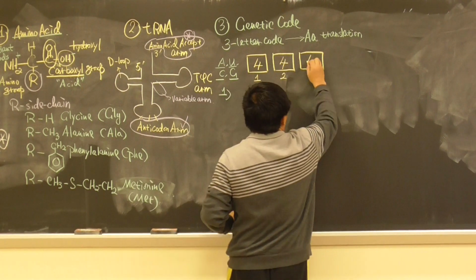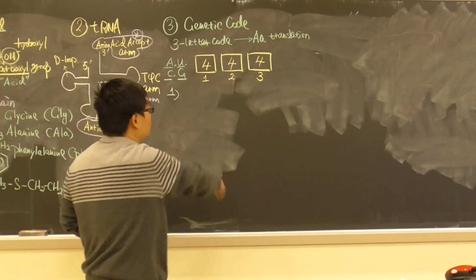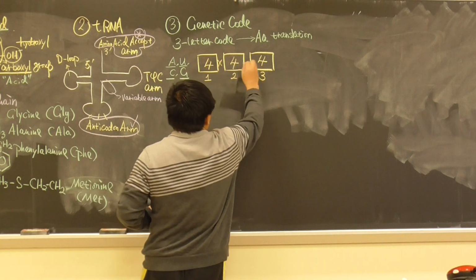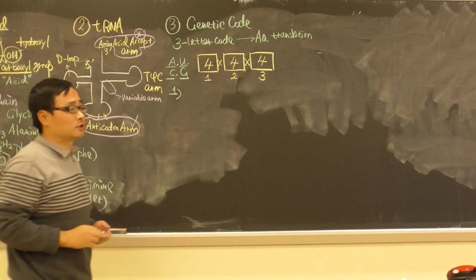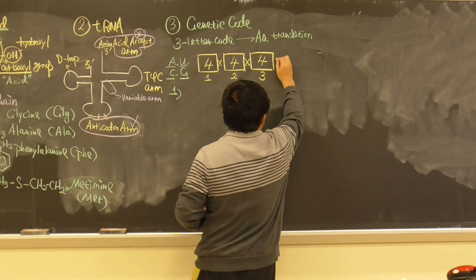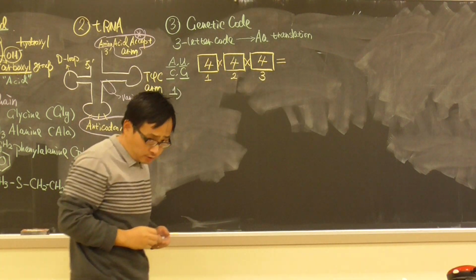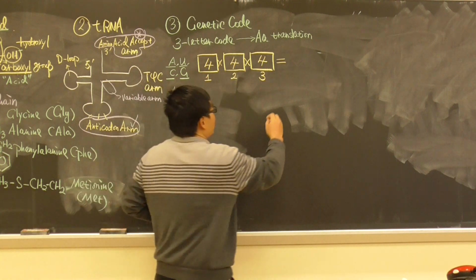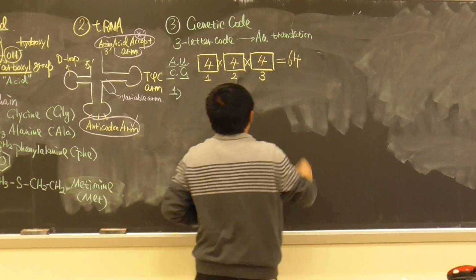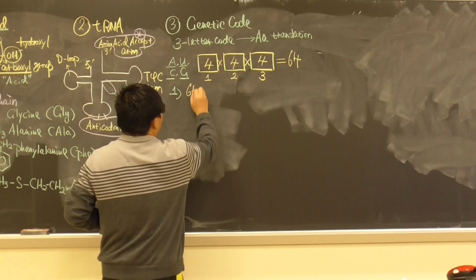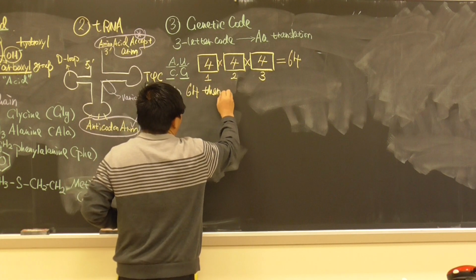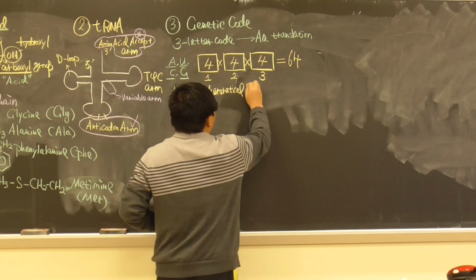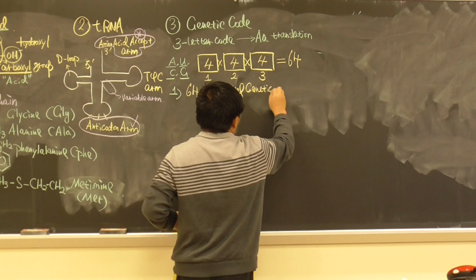Also 4. Because each box could be A, U, C, or G, and they could be repeated. So what's the possible theoretical number? You multiply them together: 4 times 4 times 4, which means 4 to the power of 3, that is 64. Okay, there are 64 theoretical genetic codes.